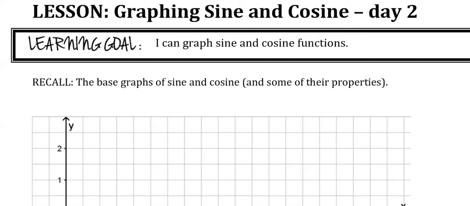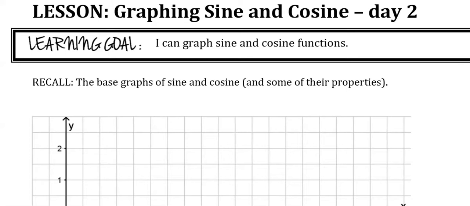The whole point of this is that we get to the stage where we know what the curve is like, and we understand what the values in the equation do to change that, and we can do it without our calculator. You might need your calculator to calculate the max or the min if they're nasty numbers.